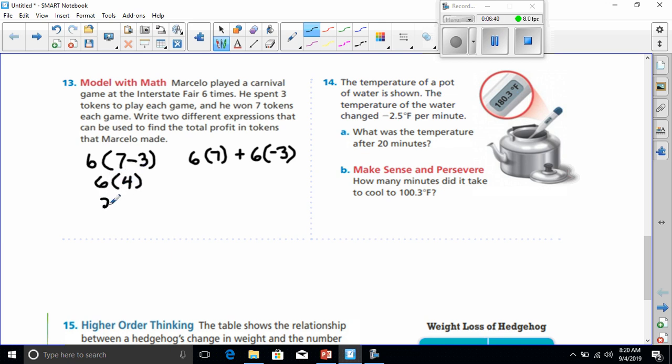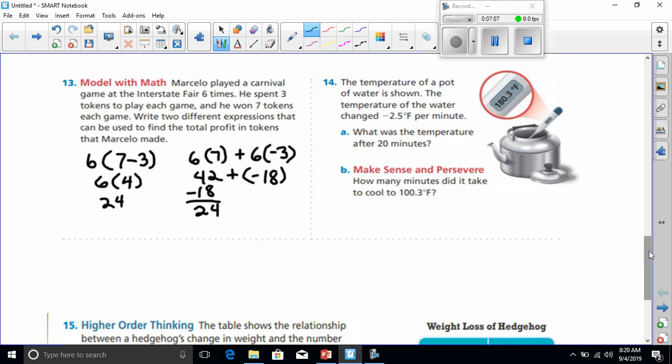And that equals 24. Over here, we got 6 times 7, which is 42. We're going to add that to a -18, because 6 times -3 is -18. Well, now that's really 42 minus 18. And that's going to equal 24. And look at that, we got the same amount.